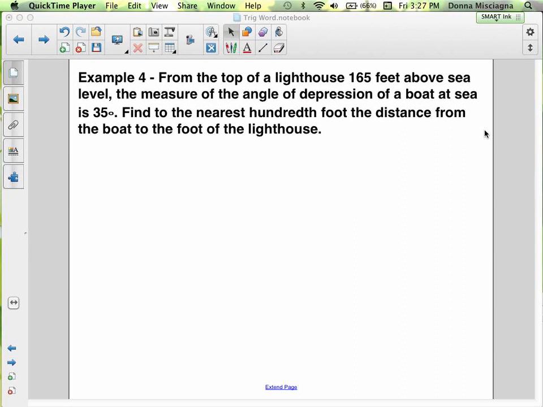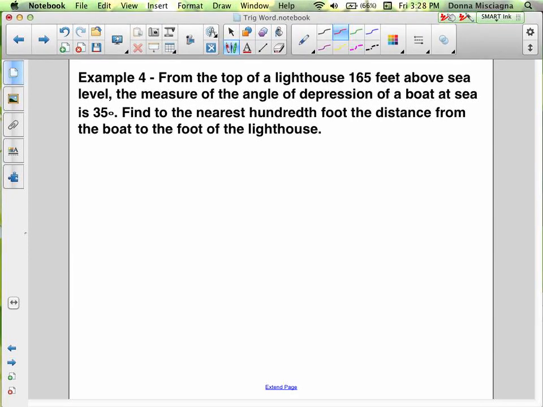All right, so here we have a problem to solve. From the top of a lighthouse 165 feet above sea level. So I'm going to underline some of these numbers, these measurements. The measure of an angle of depression of a boat at sea is 35 degrees.